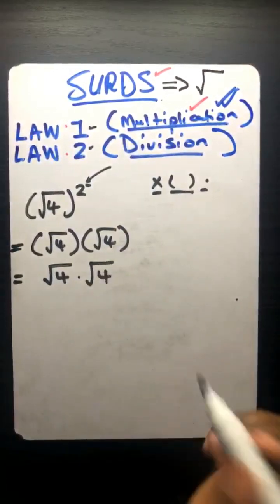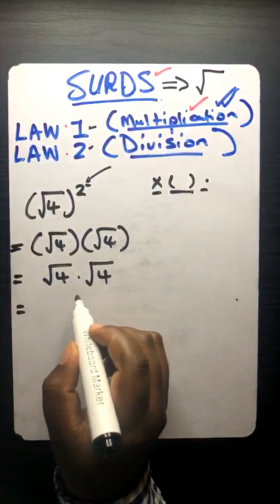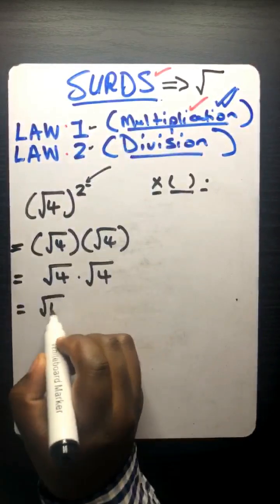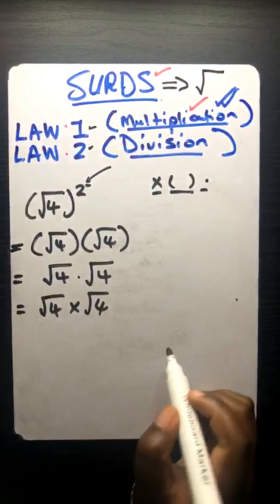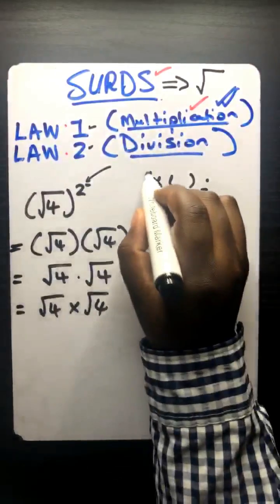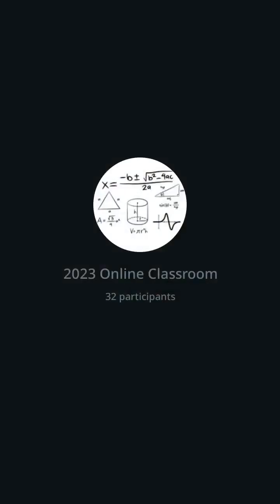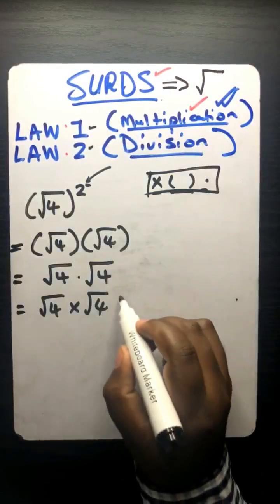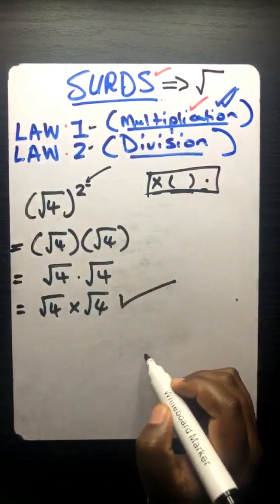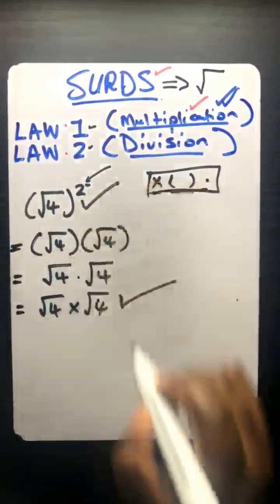It is also the same as square root of 4 times square root of 4. It makes no difference because at the end of the day, they are multiplying each other. Can you now see? You can easily work that out, but it was a bit confusing when it was given in that manner.